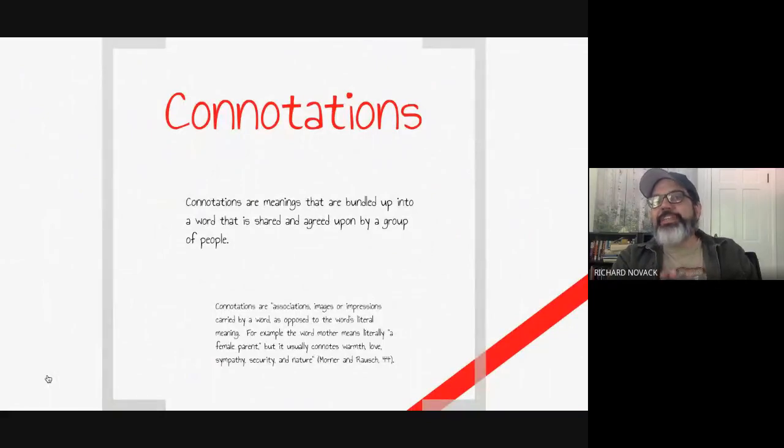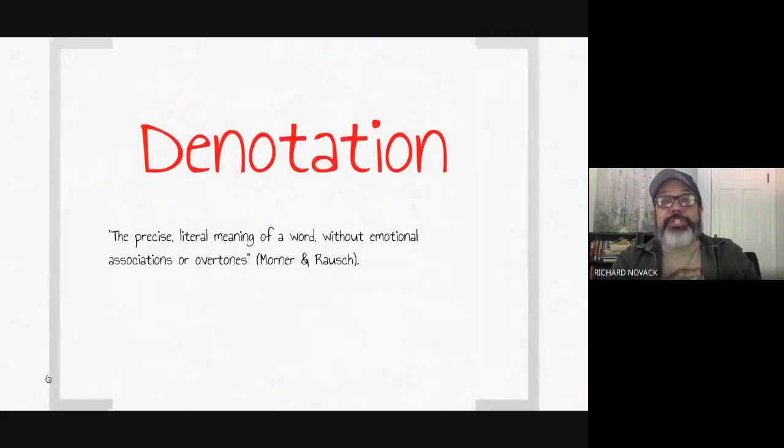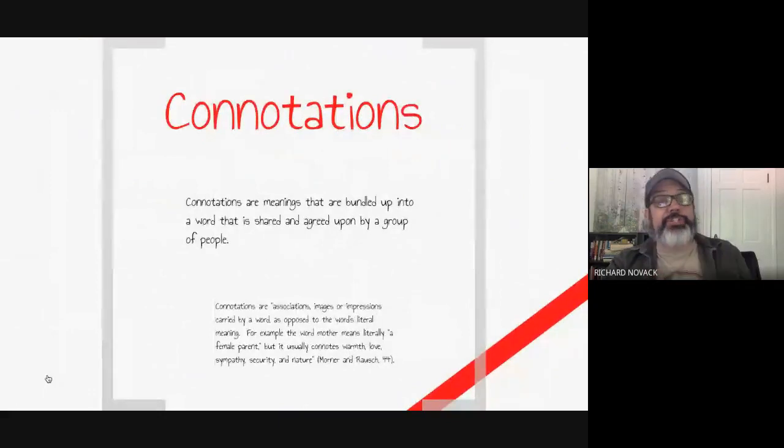Connotations, right? There's connotations and denotations. Connotations are a meaning that give an example of what a word kind of feels like. It's not exactly what it really means. It is just a feeling of that, right? So for example, mother literally is the thing that births offspring, right?